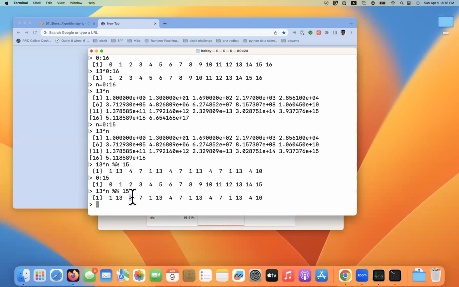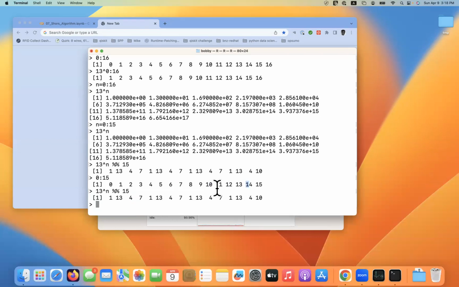So the number 4 corresponds to numbers in the input register, and these numbers are 2, 6, 10, and 14.